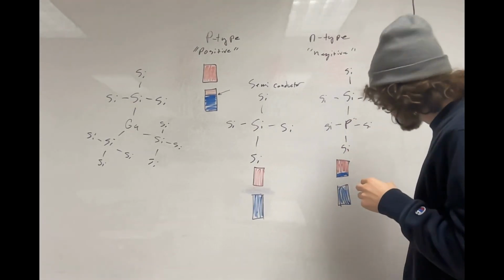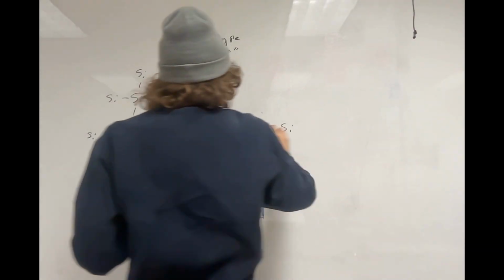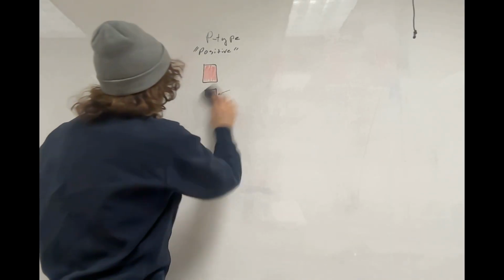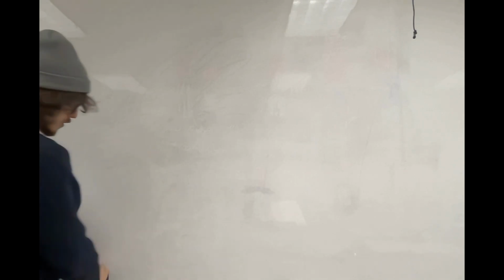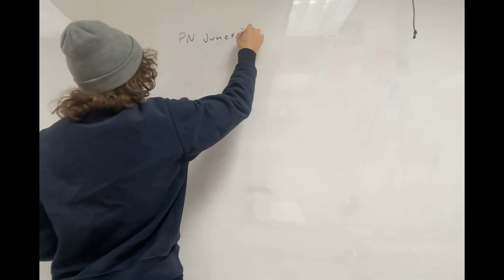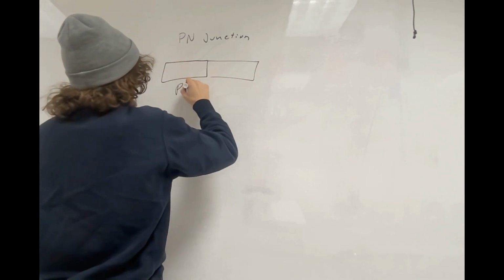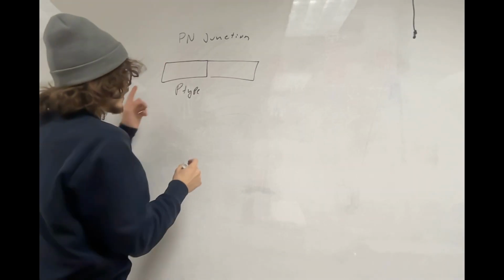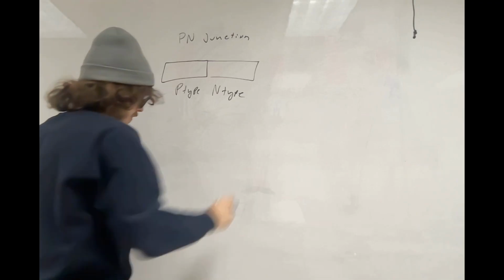Now, let's look at just one very rough application of this, known as the PN junction. The PN junction is used in electronics to allow for differing abilities, which we'll see. In a PN junction, you're going to have a P-type semiconductor exactly butted up with an N-type semiconductor.